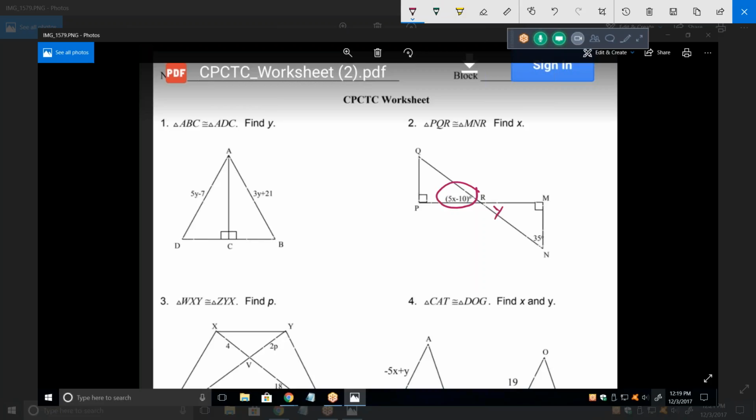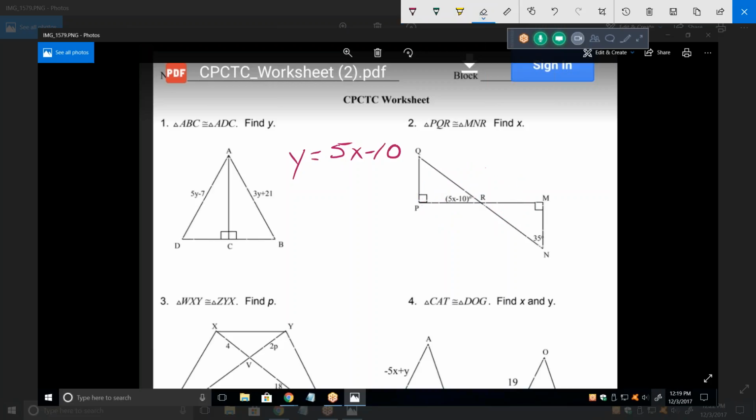Okay? So y is equal to what? 35? Based on vertical angles. Oh, 5x minus 10. Okay. That's what that angle is.